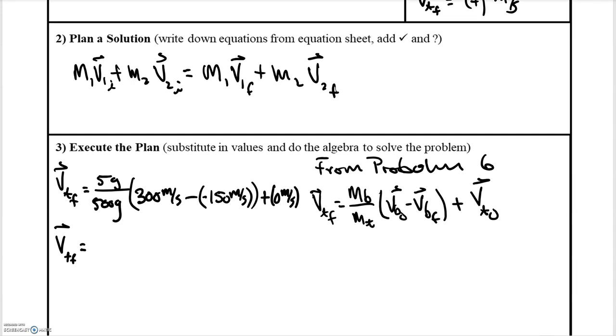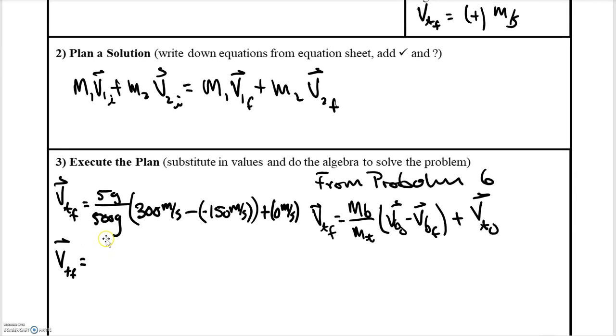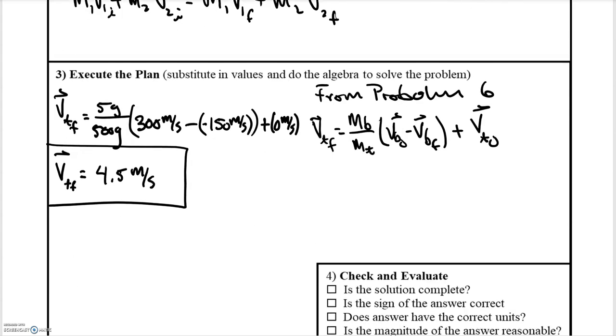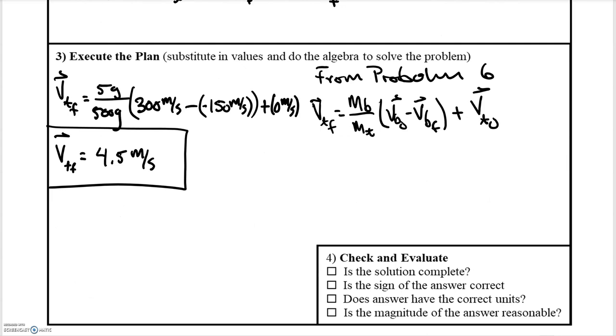Doing that, we find that the final velocity of the target is equal to 4.5 meters per second. So that's a positive value, so we know that the target is moving towards the right with a speed of 4.5 meters per second. So that's what we expected based off of these physical grounds. Units are all good, so everything seems reasonable.